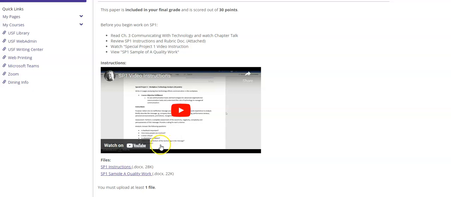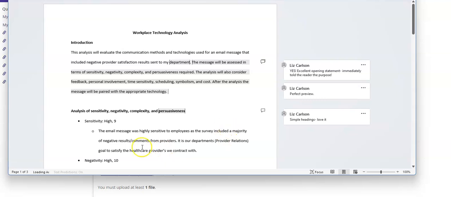So the paper itself is only 2 to 3 pages, but what we are aiming at in a managerial communication course is writing in a way that is easy for the reader to read and comprehend. And what I have linked additionally with the instructions and video is actually a sample of A quality work.